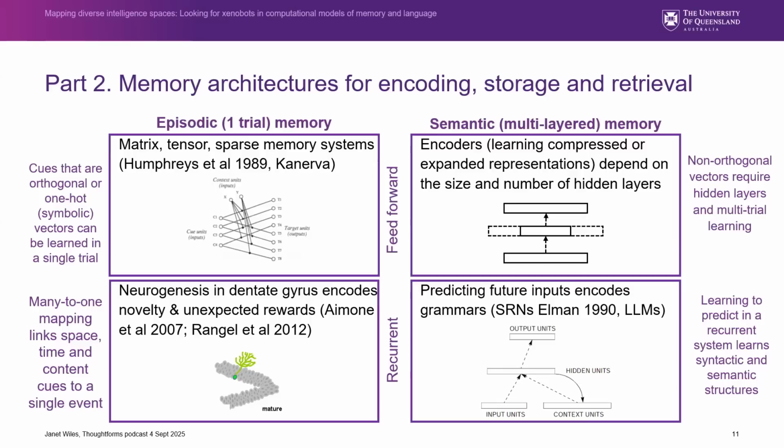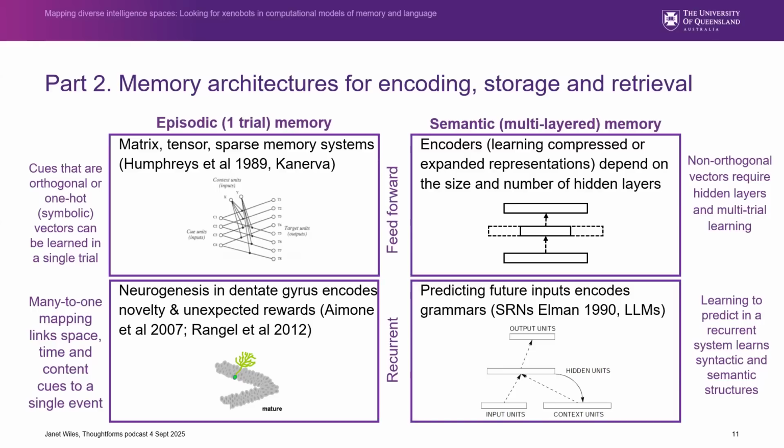When experimenting with these, people like Jeff Elman and others added recurrent connections. And so if you take a multi-layer system with recurrent connections on the hidden layers, you get a simple recurrent network. And that brought in the idea of learning to predict in a recurrent system.